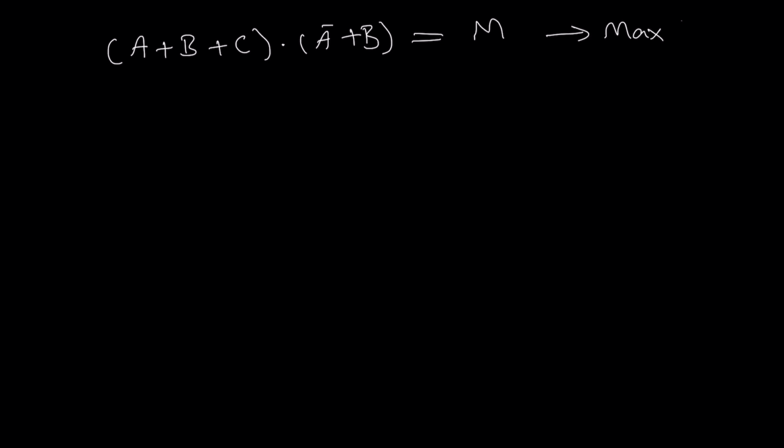We say max term is a product of sum, or we can just write it down in parentheses, POS, product of sum. So we need to draw a logic circuit using a max term for this Boolean expression. There are two steps to it. Step 1 is that we have two terms ANDed together.